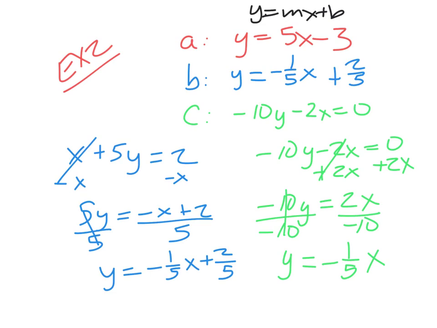Negative 1/5, right? Yep. Good. All right, so now I'm going to rewrite that up here in place of this line. So I have y equals negative 1/5 x, and there's no y-intercept.